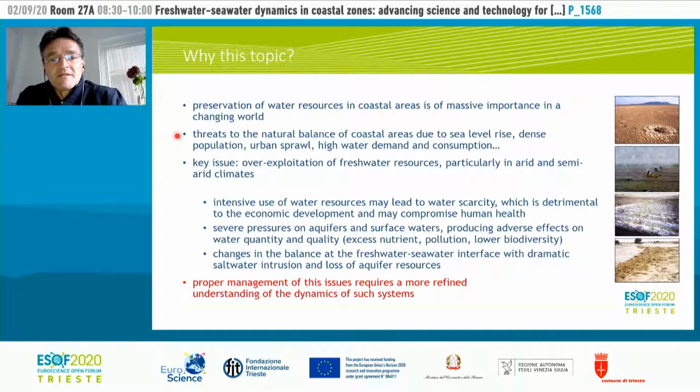It's not an exhaustive list, but we can look at the measurable sea level rise and the projections that we have available, and at the very dense population in coastal zones alongside the urban sprawl that is continuing at a very high pace, increasing the demand for water, and obviously not only the demand, but necessarily also the consumption for different sectors like industries.